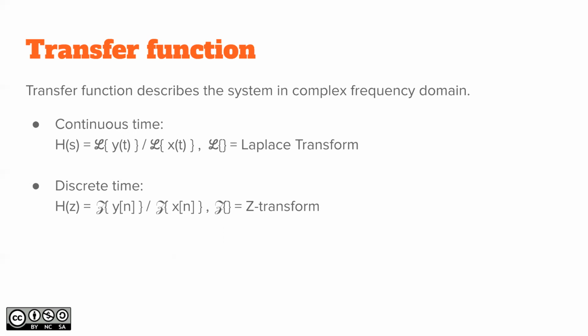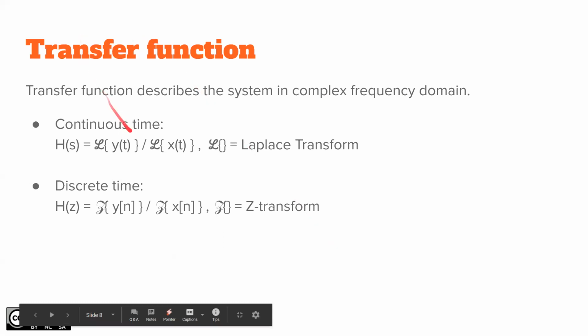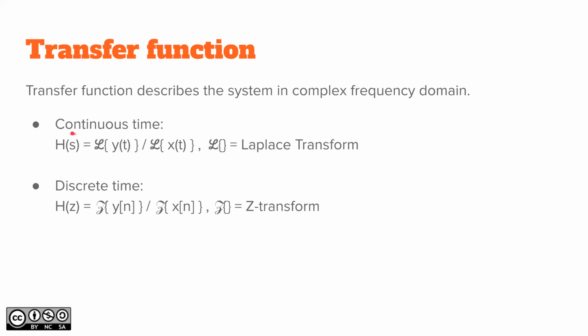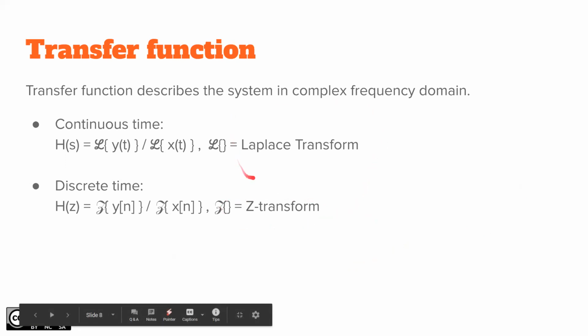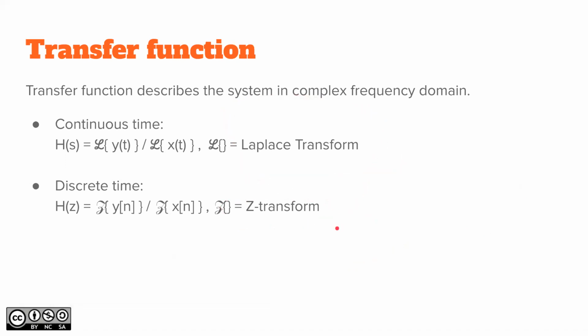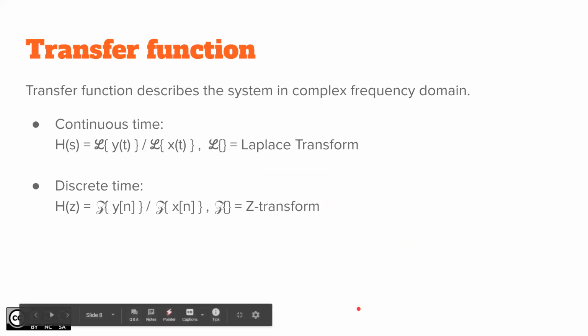In continuous time, you have the Laplace transform, so the system transfer function is the Laplace transform of the output divided by the Laplace transform of the input. You probably remember that one from some AC circuits classes you really like. In discrete time, we don't have the Laplace transform anymore, but the Z transform. But still the same thing.